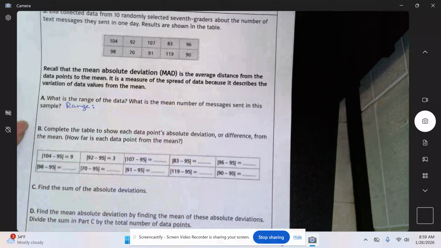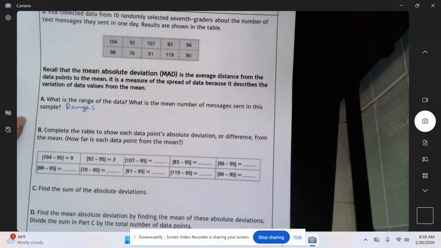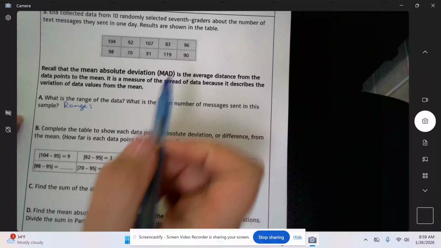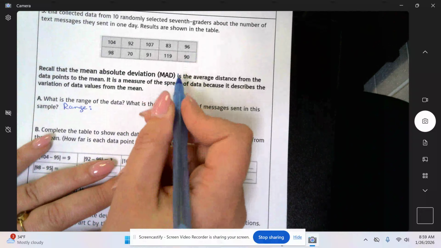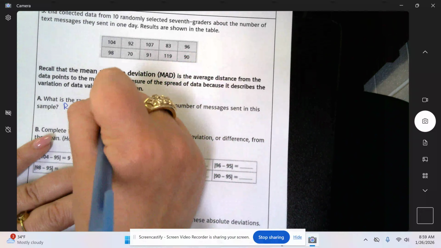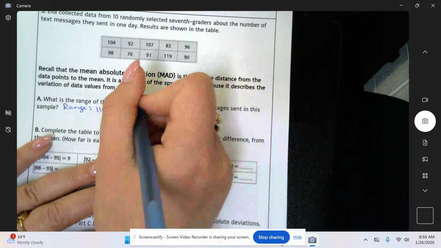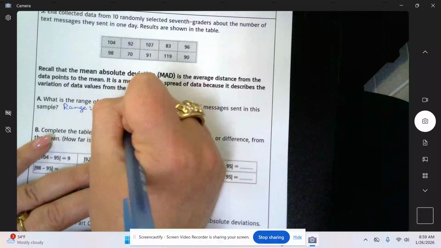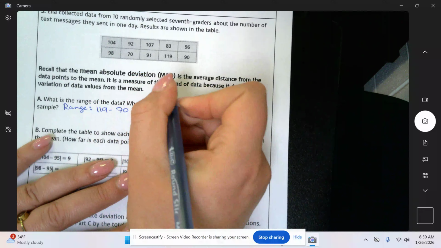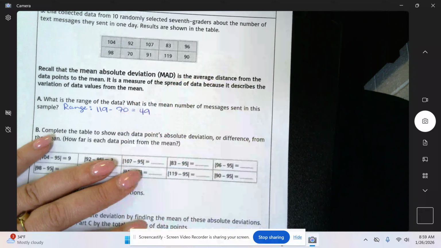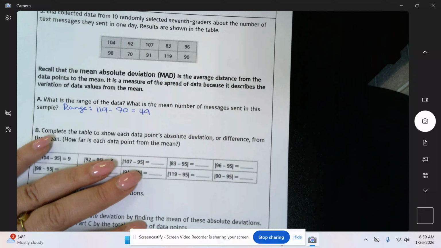So what do we need to find the range? The highest number and the lowest number. The highest number, glancing at it, is 119, and the smallest number is 70. So 119 minus 70 gives me 49.